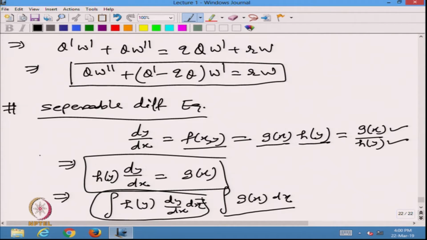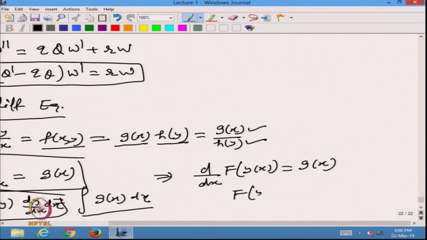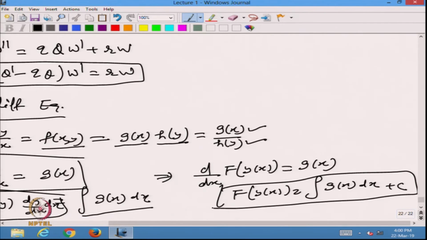So, we further simplify this. I want to write this in the form of the derivative d by dx of some function F(y) is equal to g(x). I want to do this because in that case, by taking the integral, the solution becomes the integral of g(x) dx, and then I can solve this differential equation. So, how to convert this into that?